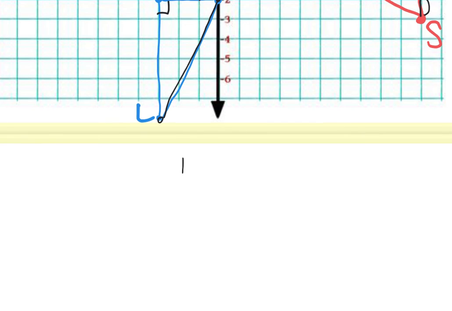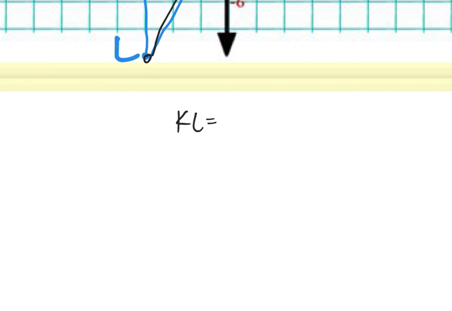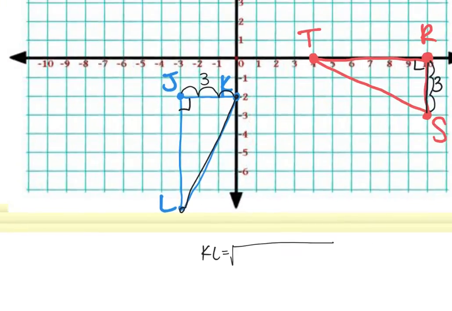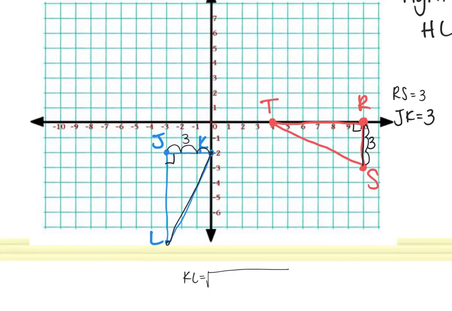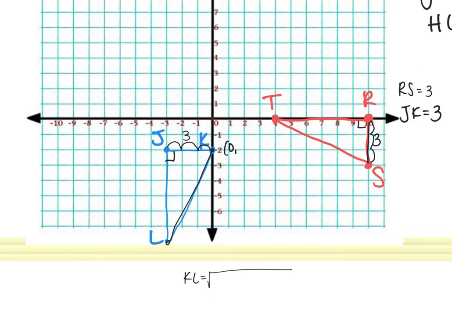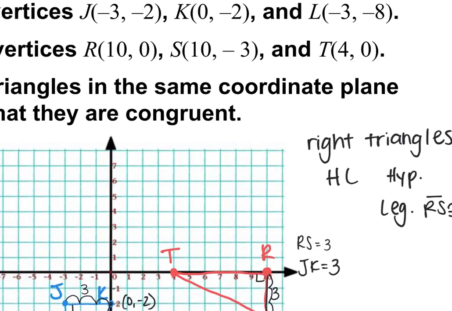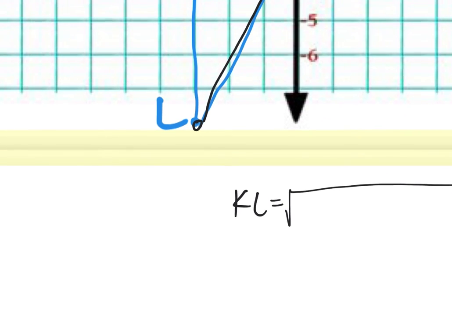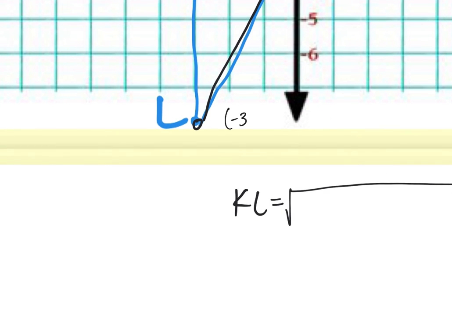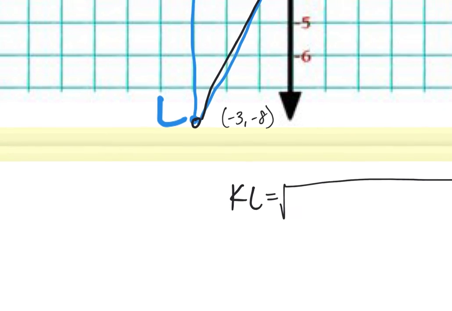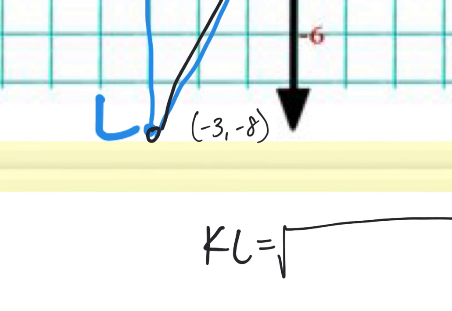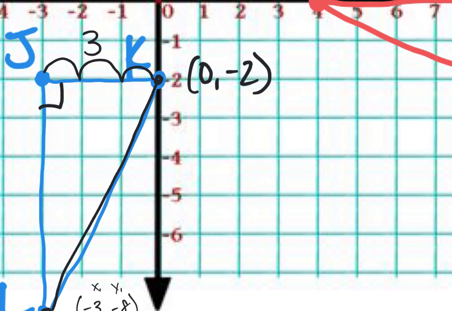So we're gonna write KL equals the square root, and let's write in the coordinates. K was 0, -2, and L was -3, -8. Remember, you make one of your coordinates x1, y1. You make the other coordinate x2, y2.